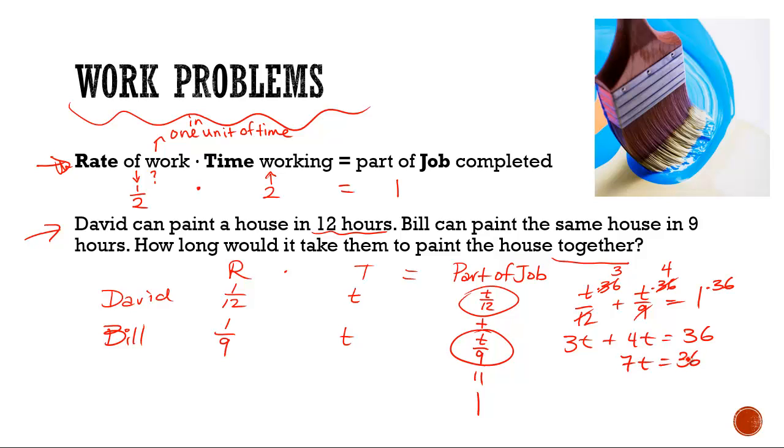And so when we divide 36 by 7, we get 5.14. So 5.14 would be the number of hours that it would take. If you really want to convert this to minutes, remember it's just taking that ending of 60, so 0.14 times 60 gives you 8.4 minutes. So you could say 5 hours and approximately 8 minutes.